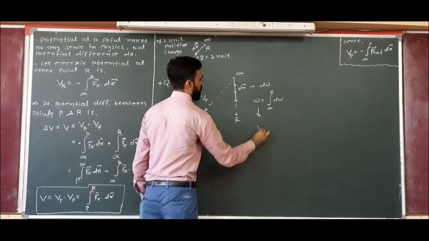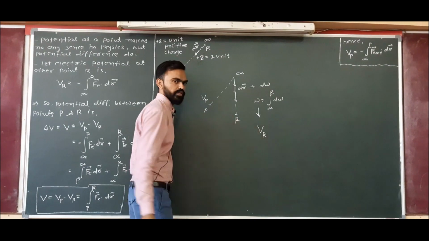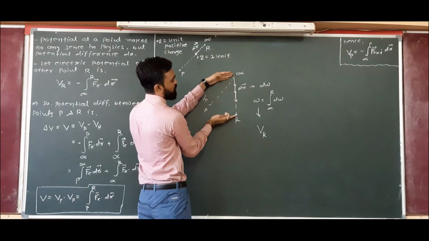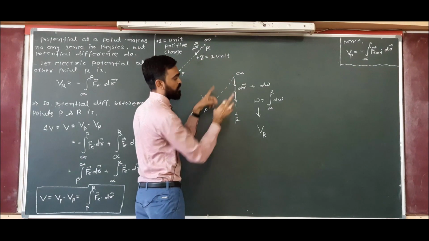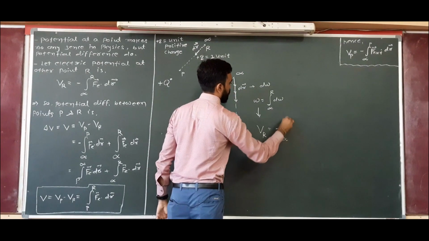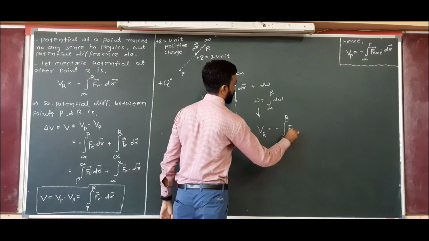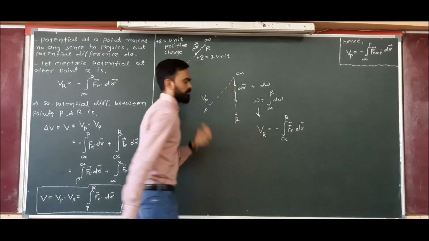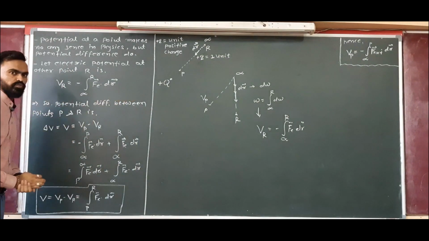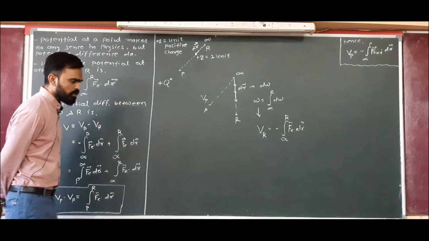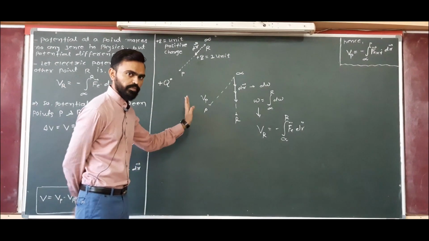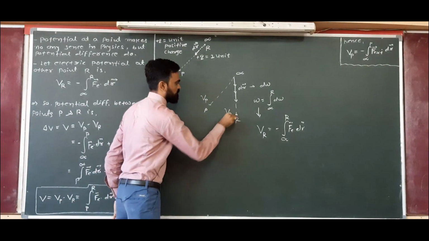This work done will be stored in terms of potential at the point r. Whatever work is done to bring this charge from infinity to r will be stored in terms of potential, but where, at the point r. So it is equal to what? Negative of the integration from infinity to r of electrical force into dr, F into dr. Got it? So the same potential we get here at the point r. You getting the point, right? So how many points do we have now? Two, P and r. Potential at P is Vp and potential at r is Vr.